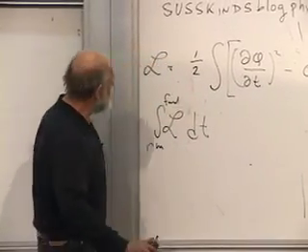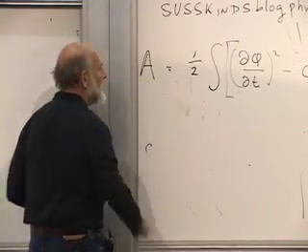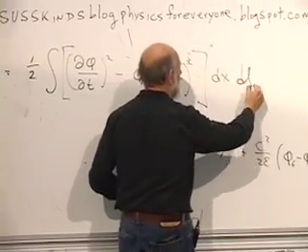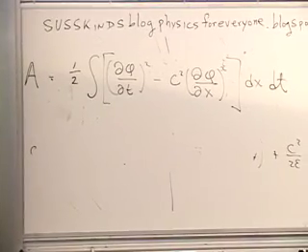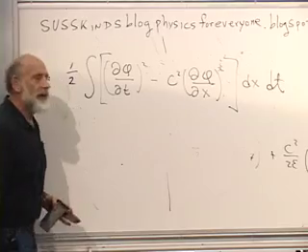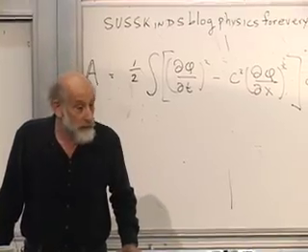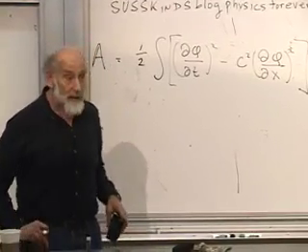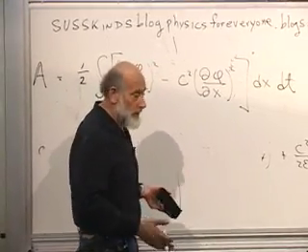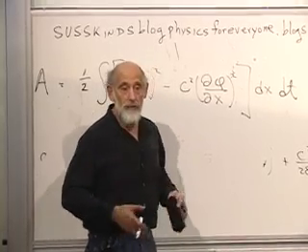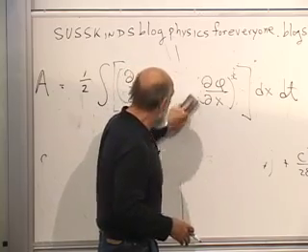So let's just write it. Action. Notice how symmetrical it's become between space and time. It has derivatives of phi with respect to time squared. Now, of course, in the setting that we're going to be interested in, c is going to be equal to the speed of light. And as everybody knows, the speed of light is 1. So let's just work in units in which the speed of sound, light, vibration, propagation, whatever it is, equals 1.